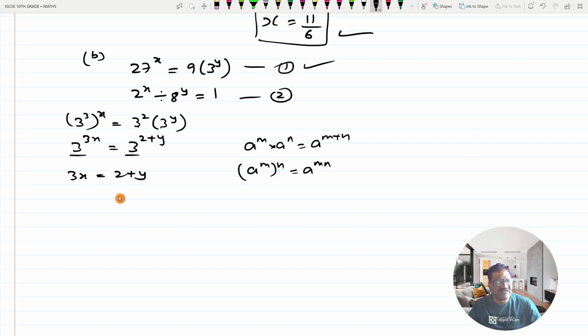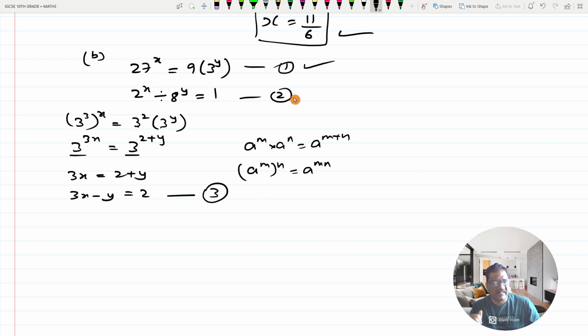And if I arrange this, I'll get 3x minus y equal to 2. This is my equation number 3, which is the same as equation number 1. The only thing is equation number 1 was in the exponential form. Equation number 3 is the same as equation number 1 but in a non-exponential form.